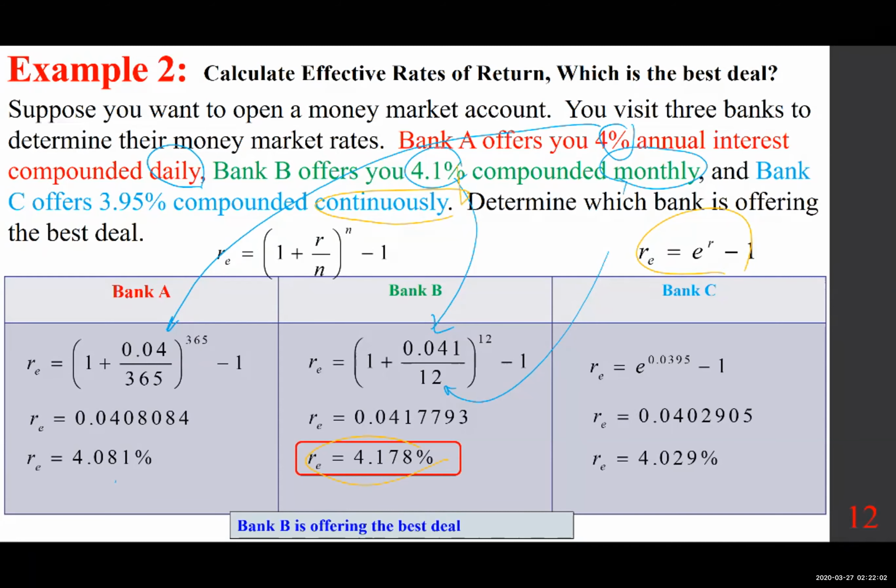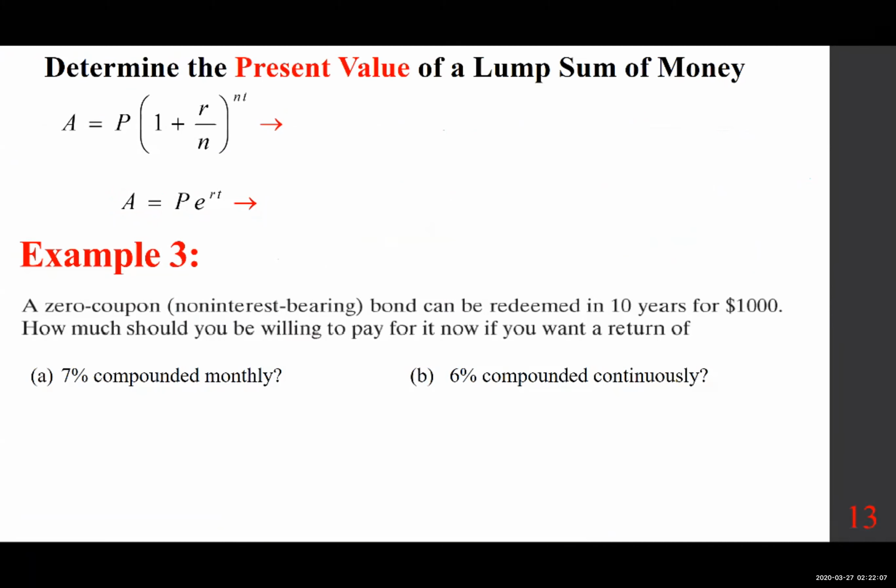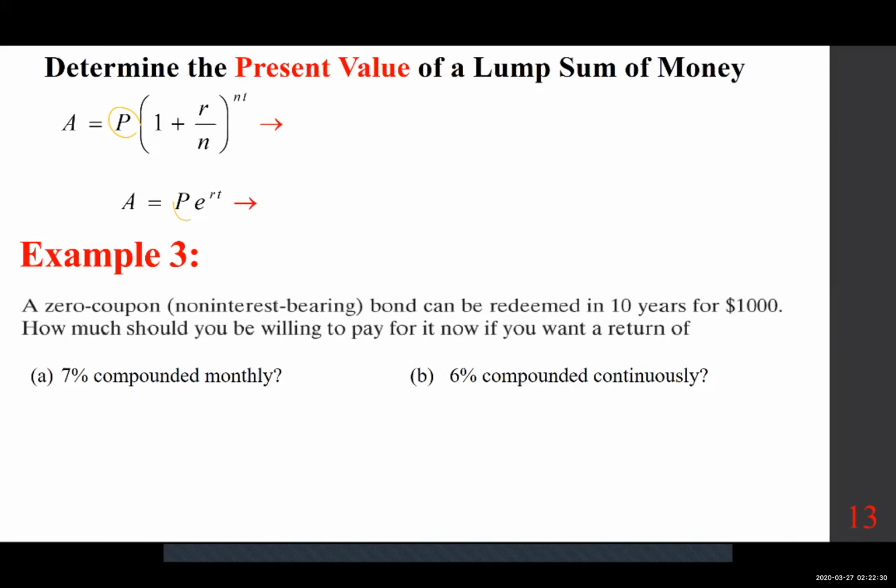Here's the next one, class. If we are given A equals P times (1 plus R over N) to the power of NT as the equation for compound interest, and A equals P e to the power of RT for compounded continuously, we can solve for P. Class, we can solve for P. All we have to do is move this one to the other side, move this one to the other side.